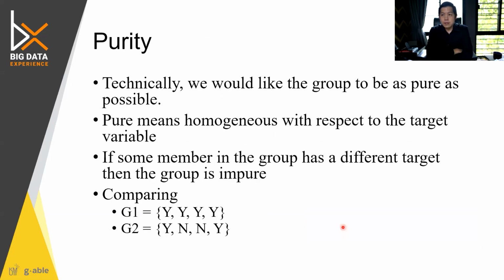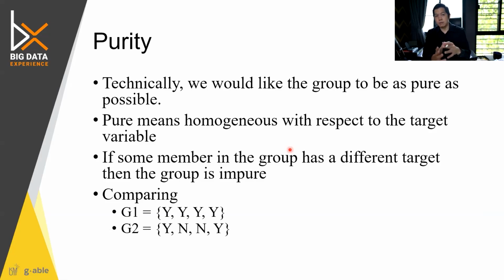The way to do that is to measure purity of the group. The purity of the group refers to the homogeneity, right? That the groups contain just one value. If the group contains just one value, it means that the group doesn't have a mixture of labels in it, and that's good in terms of segmentation.